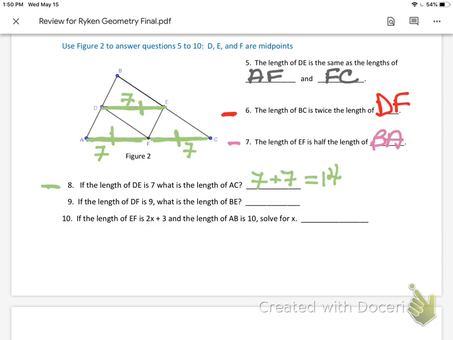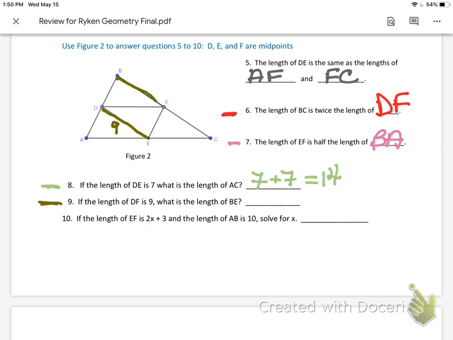Okay, changing colors again. And I'm going to also erase what I had here. Okay, for this question, it says if the length of DF is 9. So where is DF? DF is right here. If this length is 9, what's that parallel to?